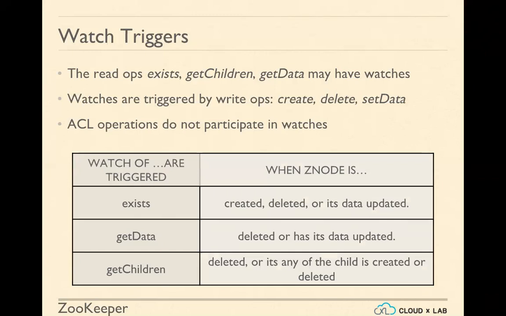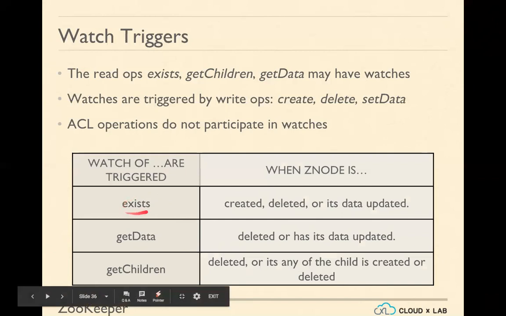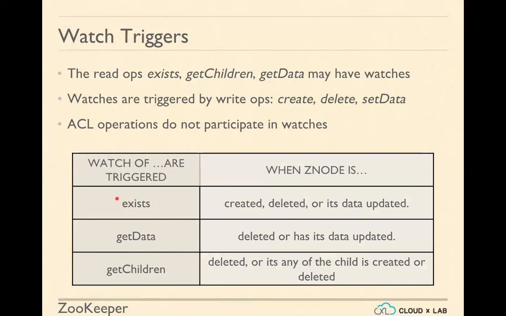Here is a quick list of things. When you call a function called exist on a particular Z node, you can also provide a watch along with it, so that you can watch the same node on which you are calling exist.